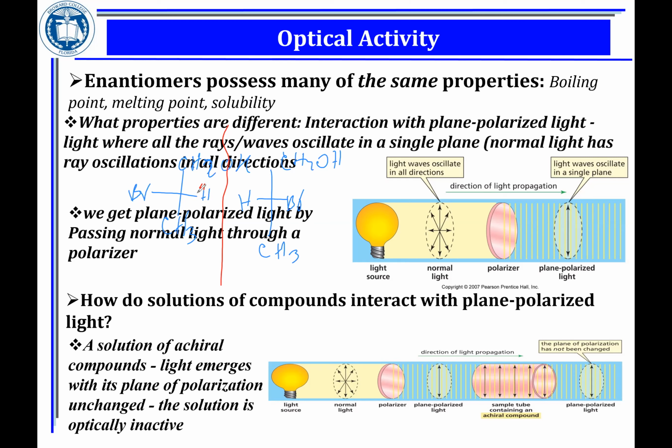So since hydrogen, which has the lowest priority, is coming toward you, then if the rotation going from high priority to low priority is clockwise, it's going to be opposite. So clockwise would be S, counterclockwise would be R.